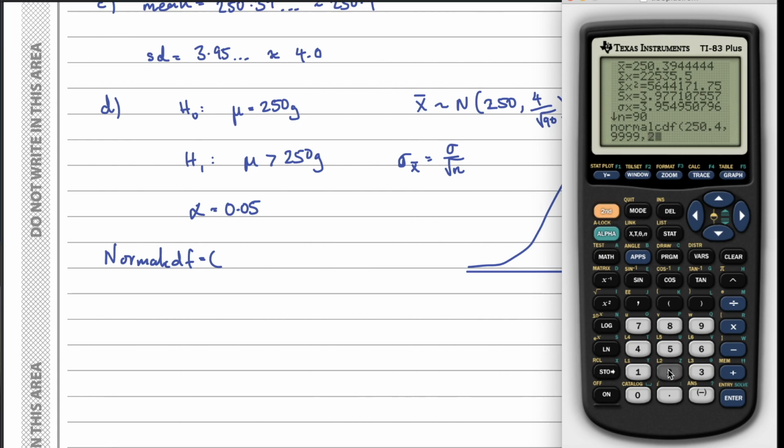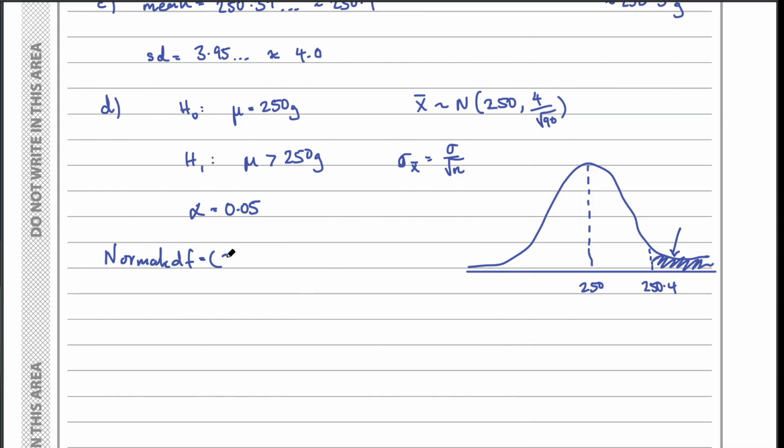Then we have the mean, which we're assuming is 250, and the standard error of the mean here, which is 4 divided by square root 90. And that should give us a probability, and it is 0.171 approximately.